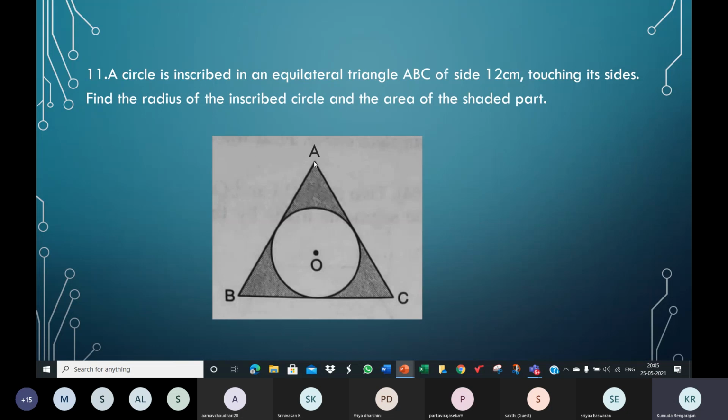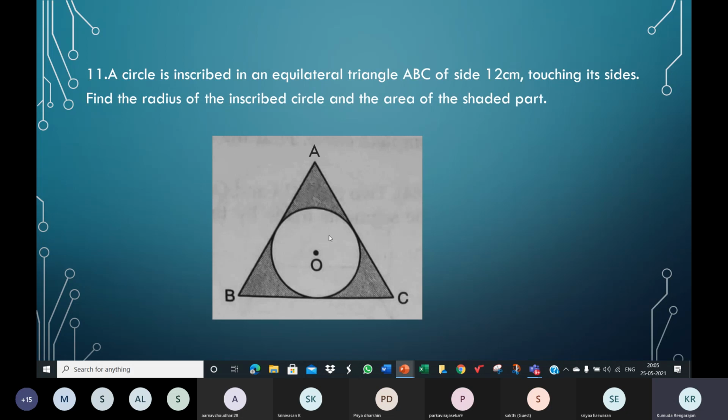They'll be half base into height. Half base AB into height, this one OP, which is the radius R. OP is R, OQ is R, and OR is R. We have called them P, Q, and R. That is the altitude of the three smaller triangles.